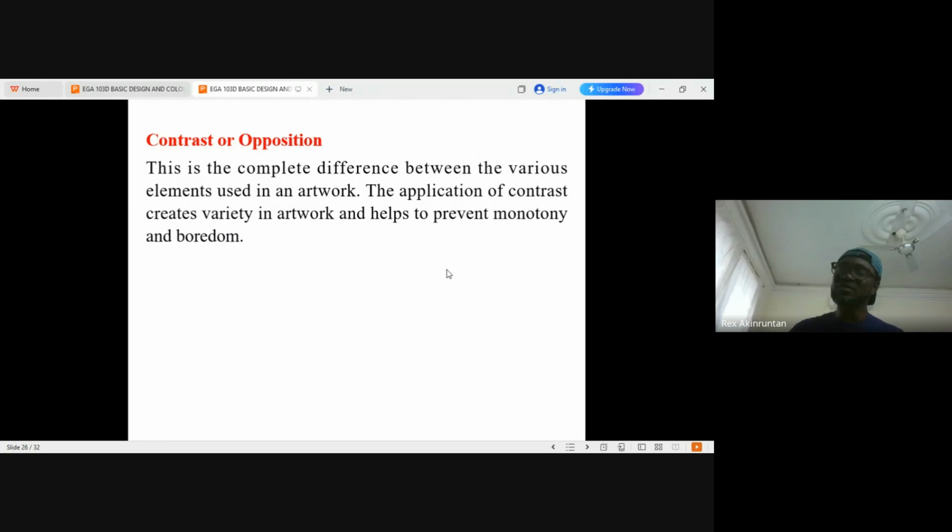And even their language, when you're writing it on the surface, the way the person will write French and the way the person will write Chinese, they are nowhere close. The symbols are different. So the contrast is so sharp here. And the same thing we are saying is applicable in design.